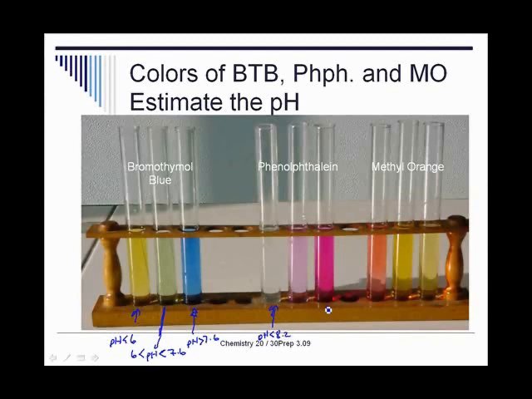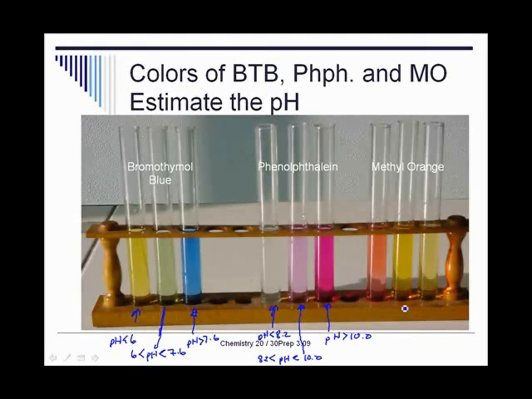The one on the right is definitely pink, so we know this pH is definitely greater than 10.0. And the middle solution is pinkish or turning pink, so its pH is going to be greater than 8.2, but less than 10.0.